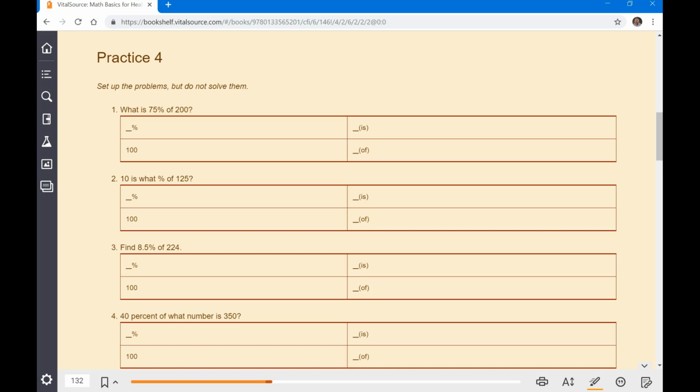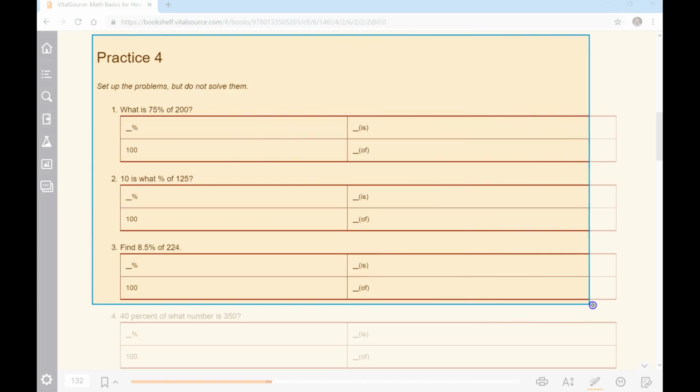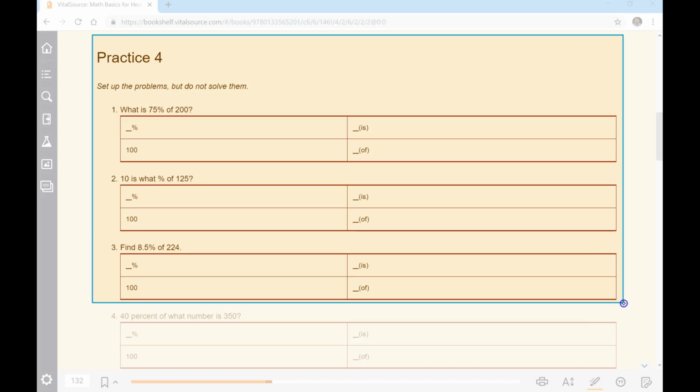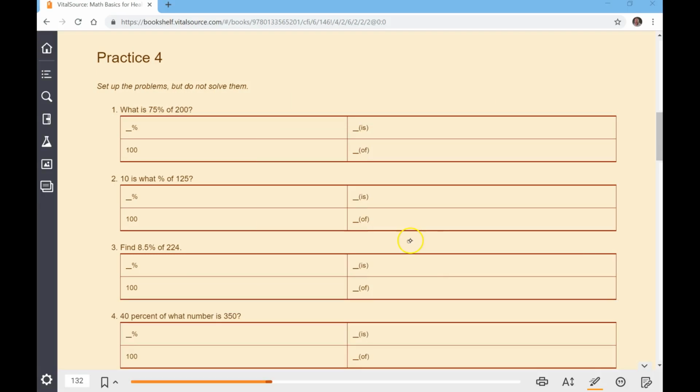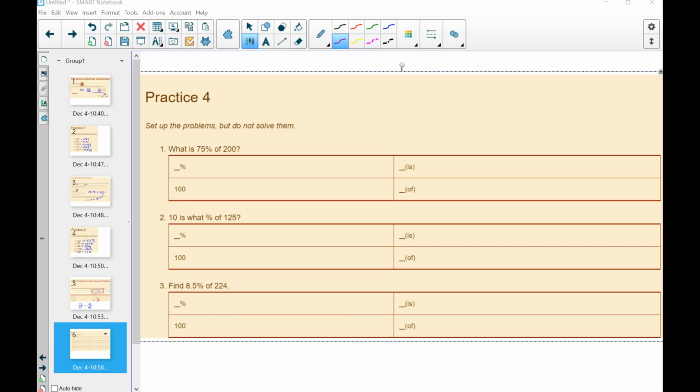Let's try a few of these practice ones. First question here says, what is 75% of 200? Where do these numbers go? I have 100 here, that always stays there, that's fine. Where does the 75 go?